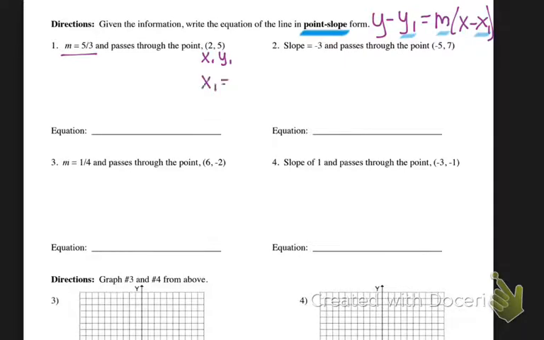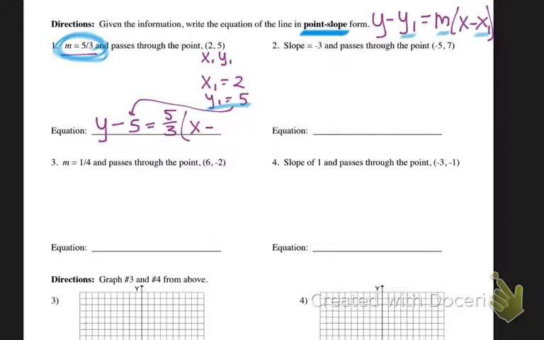So x1 is 2 and y1 is 5. So we have to follow the point slope form. Y minus y1 equals m, which is 5 over 3, parentheses x minus x1, which is 2. And that's it.